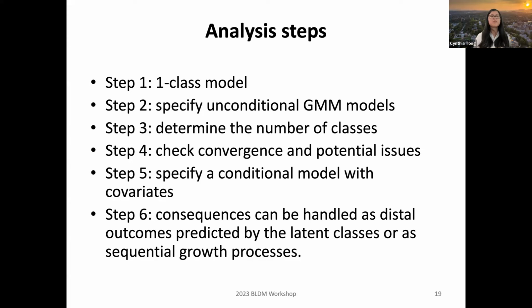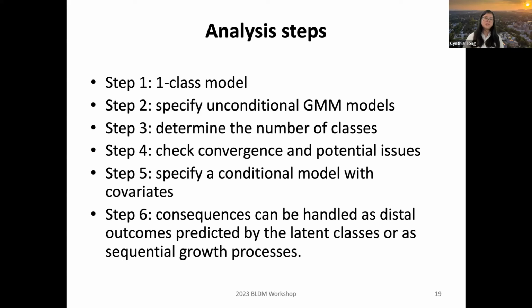In that case, the consequences can be handled as statistical outcomes predicted by the latent classes or as sequential growth processes. But just like I said, each of these steps includes a lot of issues that we can take care of.